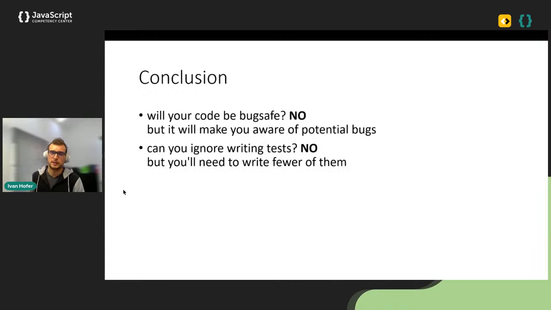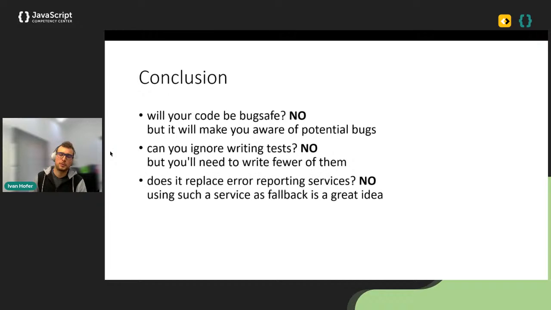Can you ignore writing tests? I would say no. But I would say that you need fewer of them, especially a lot of integration tests can be eliminated because static type checks will already catch the issues. Does it replace error reporting services?